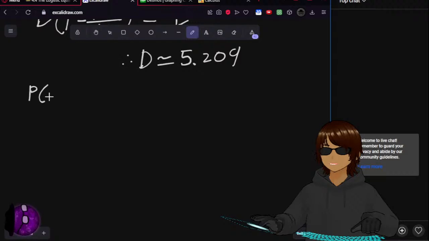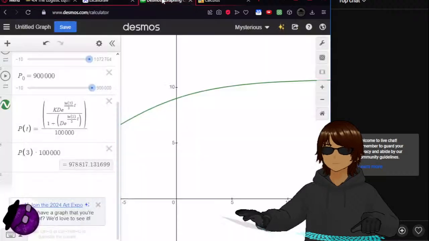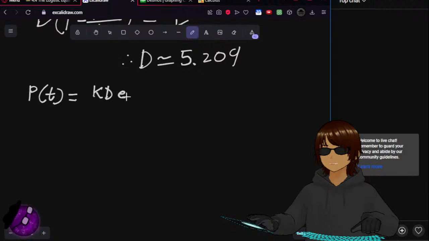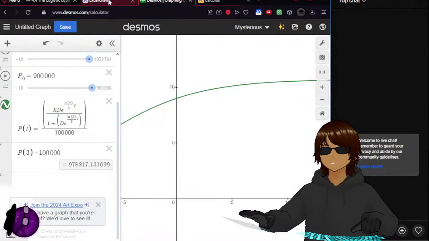So P of t is equal to K e to the RT over 1 plus.